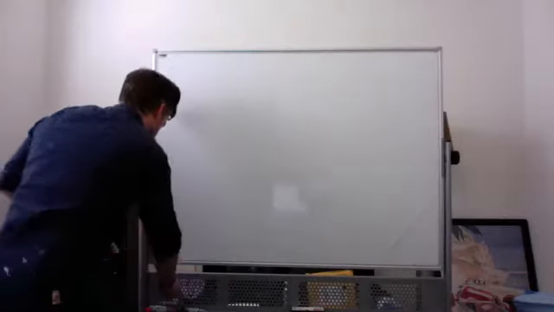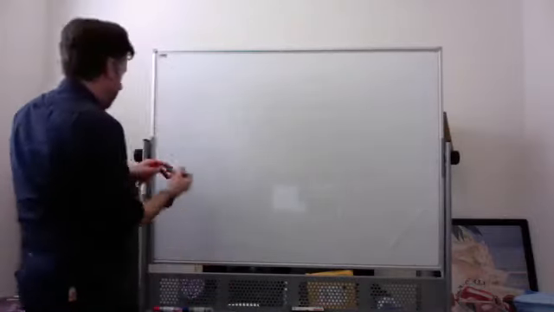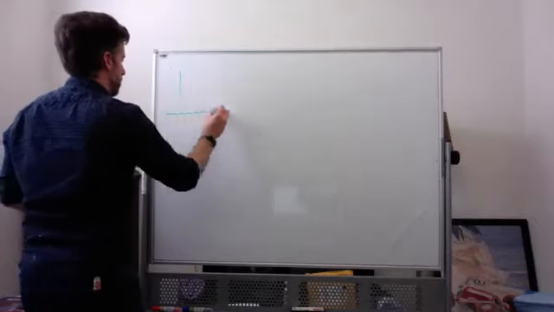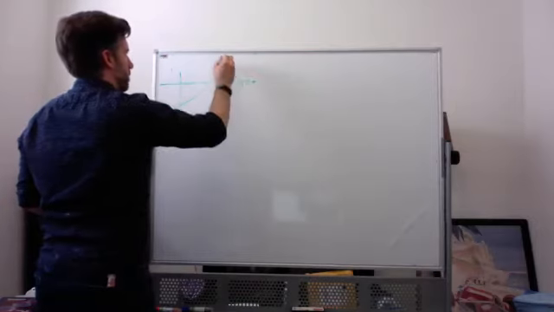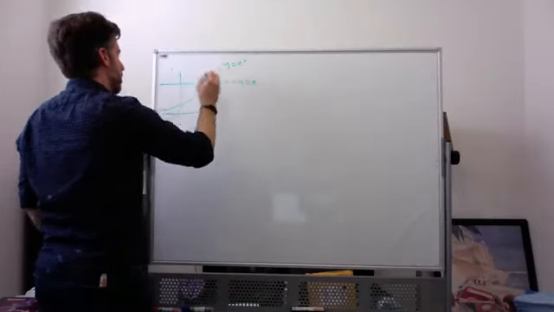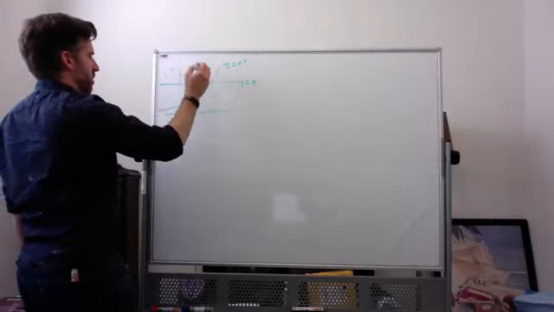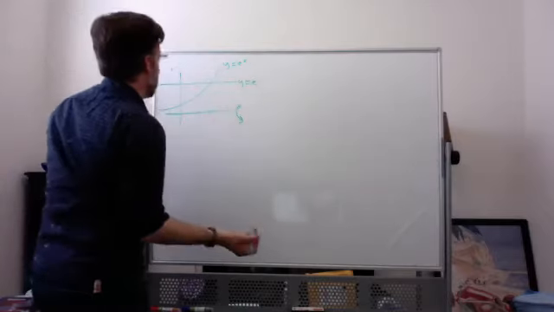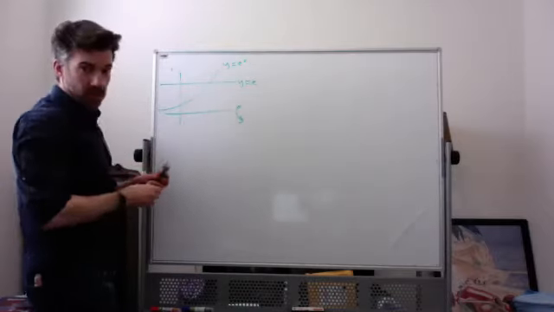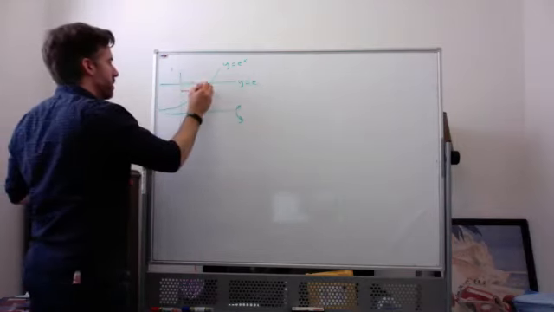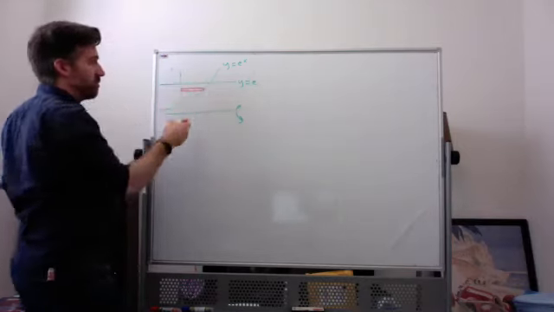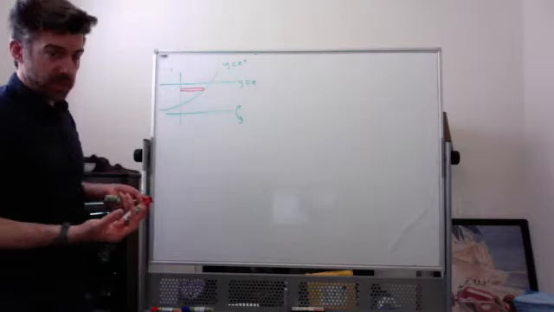Let's draw ourselves the same little picture. And now I'm still going around the x-axis. But now I'm going to draw a horizontal strip, because if I'm using the shell method, my strip has to be parallel to my axis of rotation.